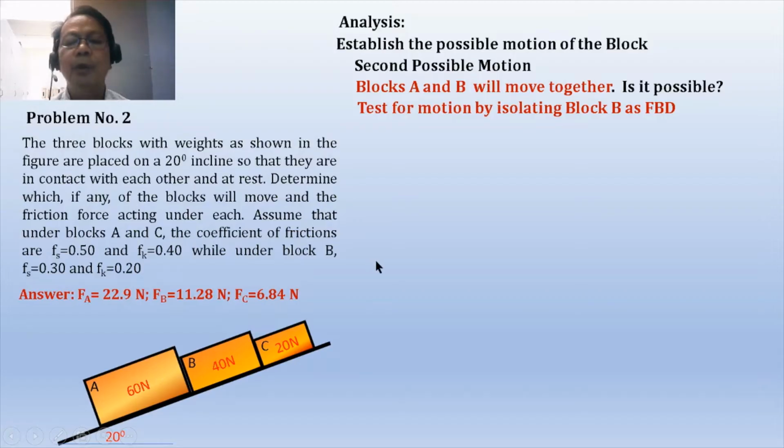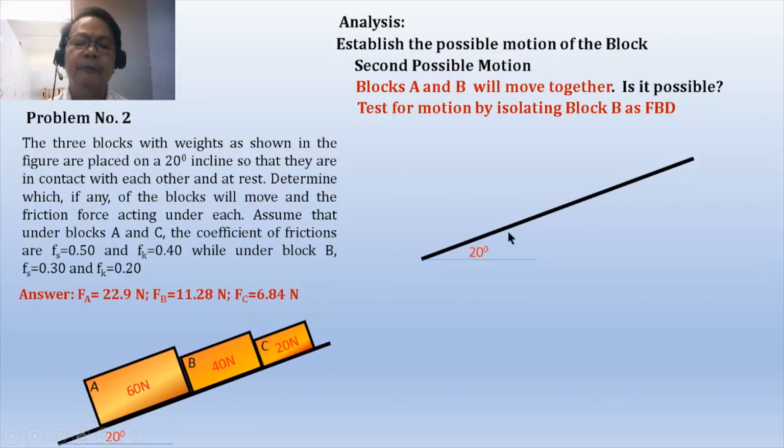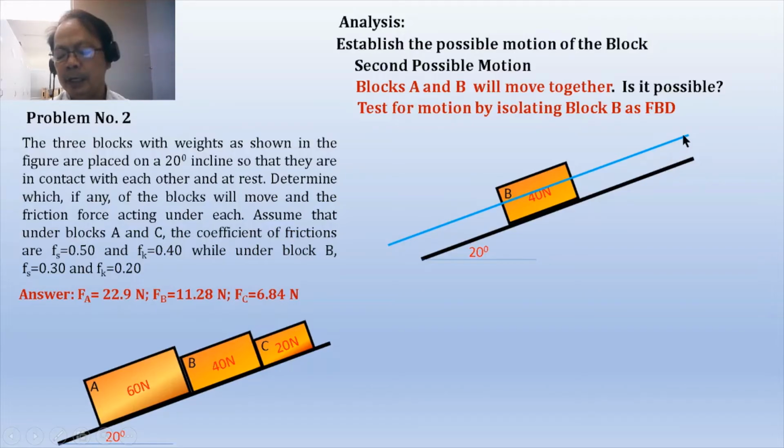So, let us isolate our block B as a free body diagram. Again, we have our plane making an angle of 20 degrees from the horizontal, and on top of the plane is our block B, whose weight is equal to 40 Newton. Assuming this axis, which is parallel to the plane, is called the x-axis, the axis perpendicular to it will be our y-axis.